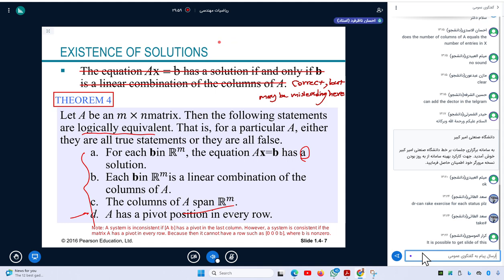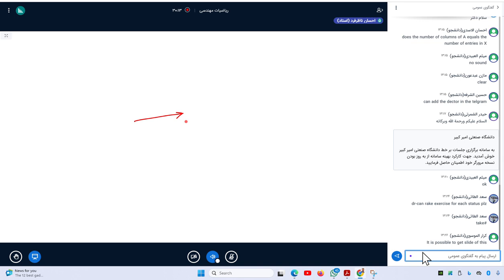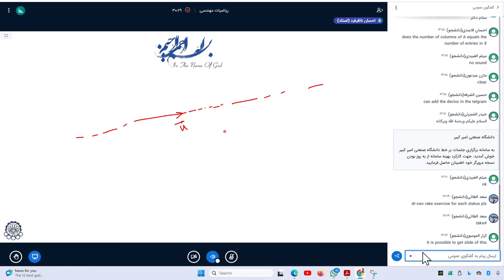For instance, if we are talking about one vector, u, the span of u means all of these lines, because it is defined as c, a scalar, times u.